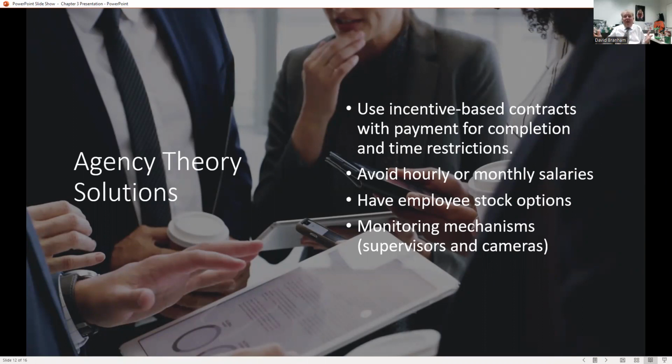First, use incentive-based contracts with payment for completion and time restrictions. This is done in academics all the time, where professors put a time limit or a due date. And if you don't hit that due date, then you get penalized for not hitting it.